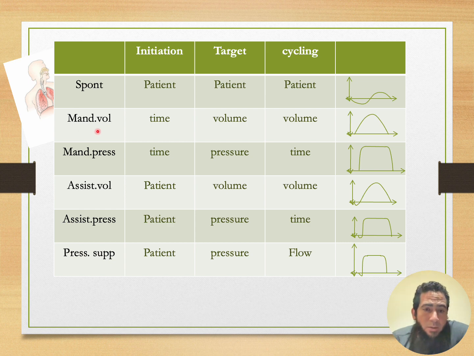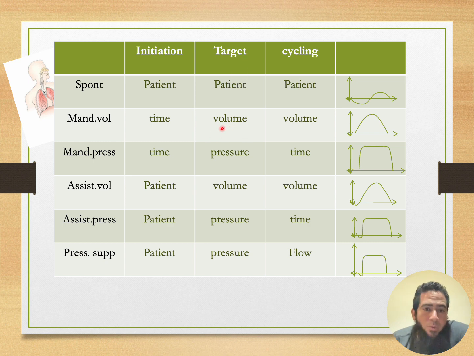So the mandatory volume is initiated by the machine, by the ventilator, after a certain time. For example, if you are giving your patient mandatory breathing at a rate of 20 breaths per minute, then every 3 seconds the ventilator will give him a full tidal volume, which is predetermined, for example 500 mL, or whatever you set it to give your patient.